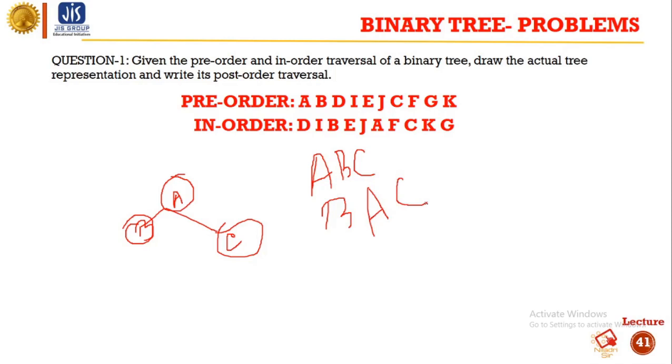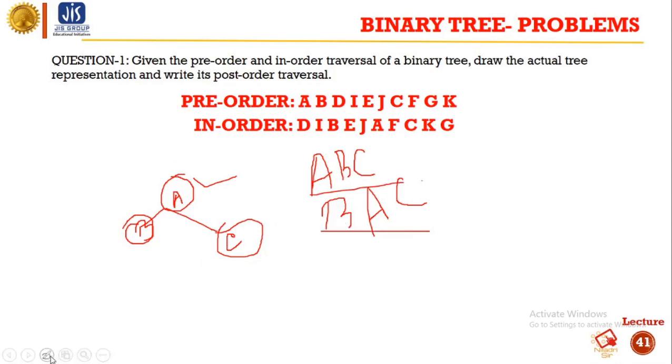In pre-order it is root, then left, then right, and in in-order it is left, then root, then right. Suppose these two are given, we have to find out the tree.